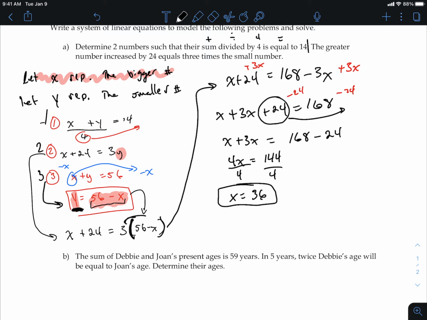You don't necessarily get that with elimination. You always got to have the isolation piece at the end to find the variable, right? But I know y is equal to 56 minus x because of this right here. So you just plug in the x value, and then you're done. y is equal to 56 minus 36. There's a 20.